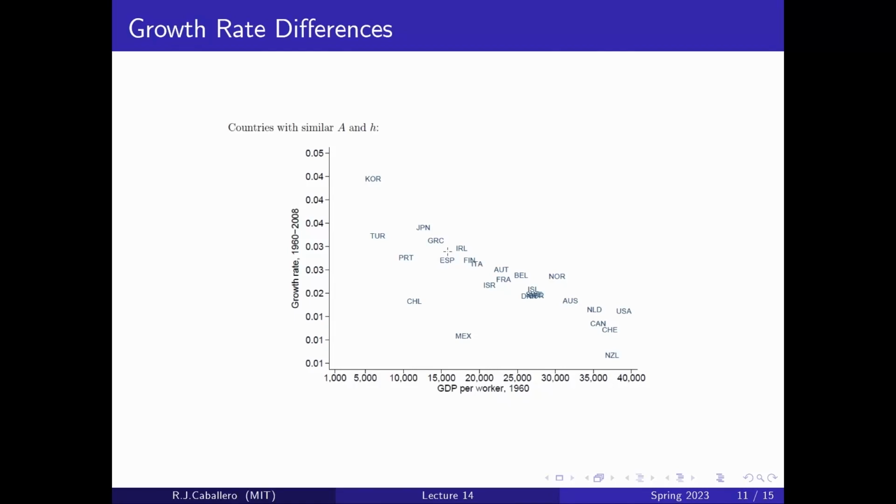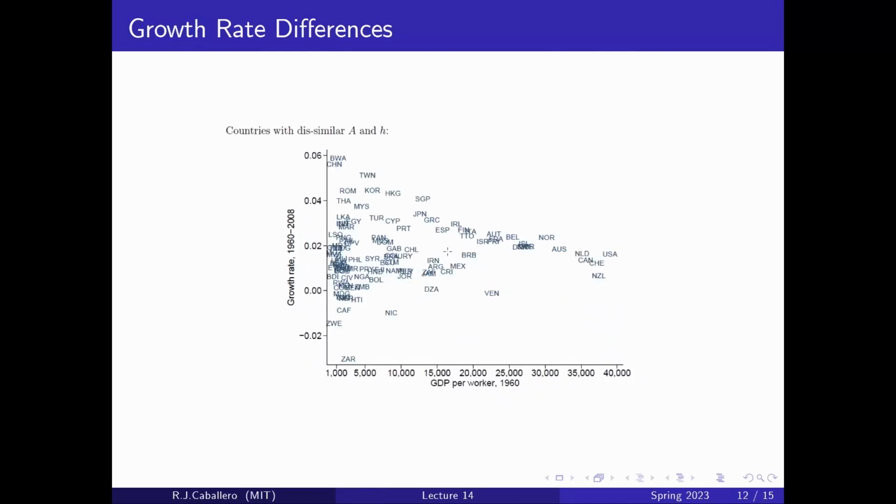It's quite clear. Now, if you don't control for A and H, and you put everything together, then the plot looks like the plot I showed you earlier. Okay? So if I control for A and H, the models work very well. If I don't control for A and H, then the models do not look that nice.